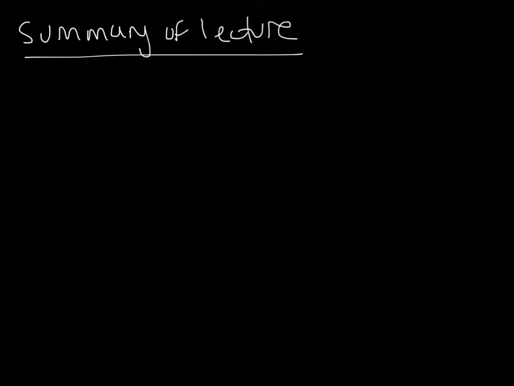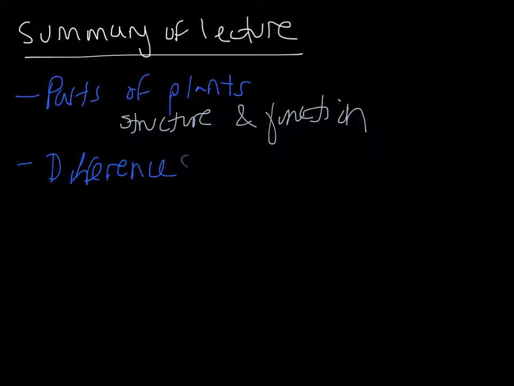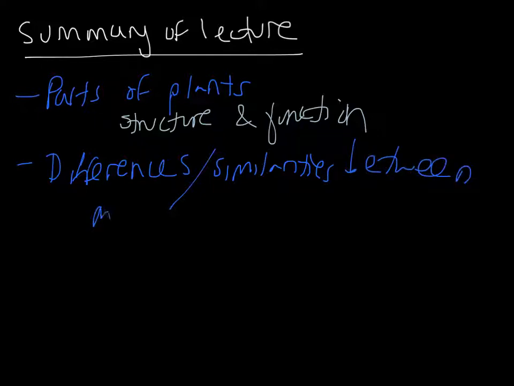So in summary of the lecture, what do we want to hit on? There are different parts of plants pertaining to their functions. We want to relate the idea of structure and function. Again, we want to hit on the differences and similarities between mitosis and meiosis.